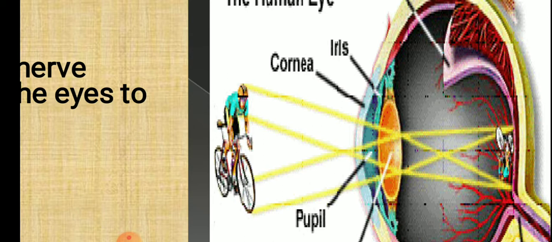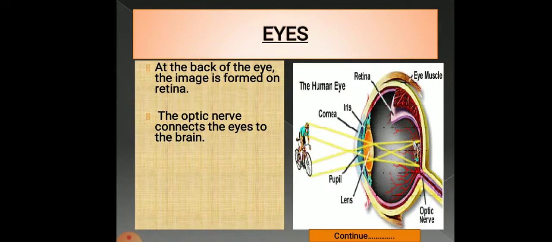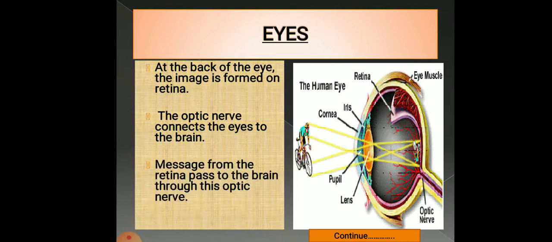Got it? And retina is connected to the optic nerve. Got it? I've told you that nerves are connected to the brain. So हम जो भी पिक्चर देखते हैं हम अपनी आईज से, तो वहाँ से वो रेटिना पे फॉर्म होती है. Retina is connected to the brain through the optic nerves. So they carry the message from the retina to the brain through the optic nerves.